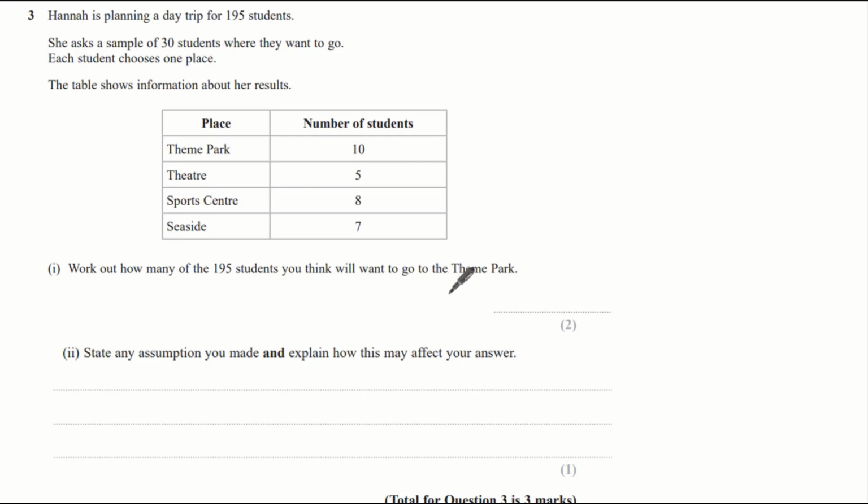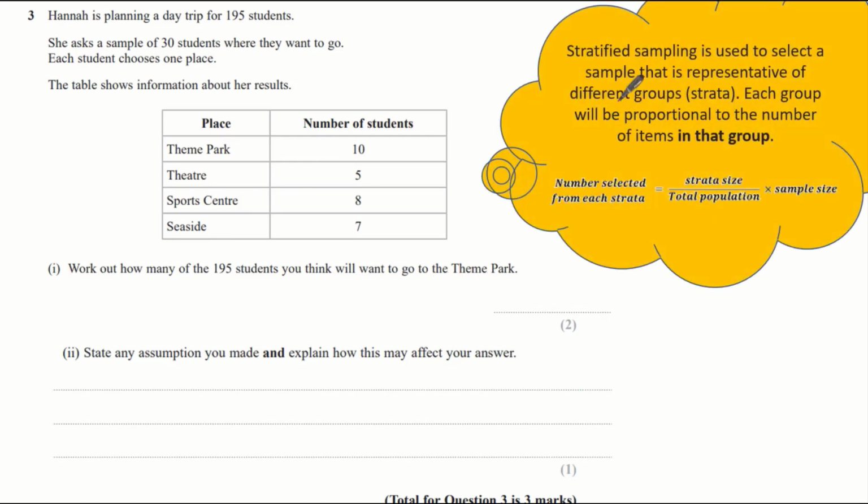The topic of maths that we're looking at here is stratified sampling. Stratified sampling is used to select a sample that is representative of the different groups or strata. Each group will be proportional to the number of items in that group. The great thing is there is a formula. To find out the number selected from each group, it's simply the group size over the population multiplied by the sample size.